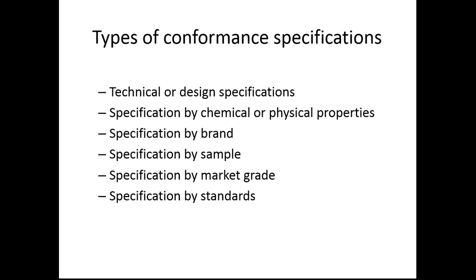Some of these types of conformance specifications, just as a brief overview, might be done technically with design. They might be done by chemical or physical properties. They might be specified by brand. They might be done by sample. They might be specified by market grade, or they might be specified by standards, by which, of course, we mean national standards.